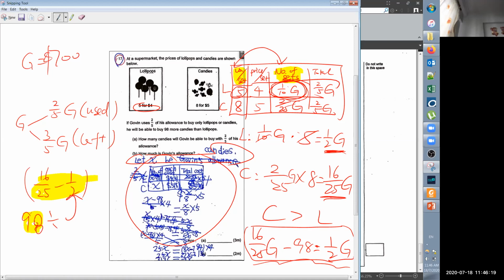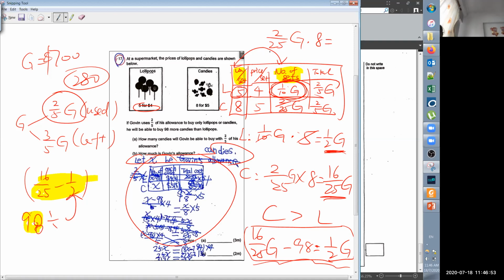So 2/5 of G is 280. You are asked to find 2/25 G times 8, that will be the number of candies.